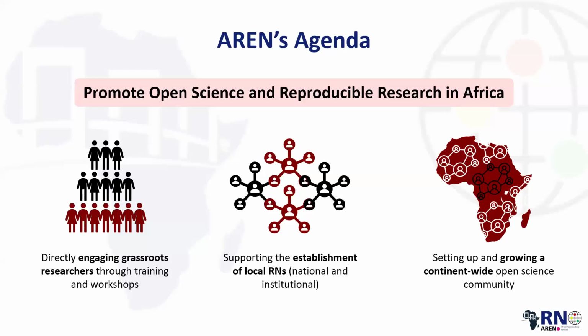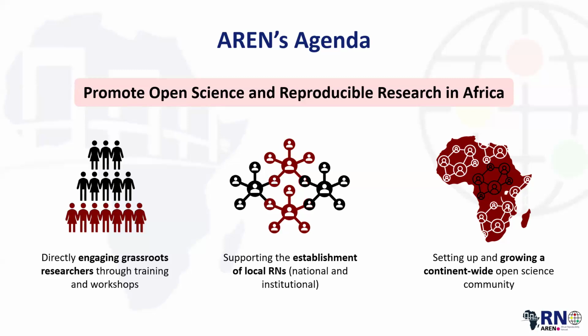First of all, directly engaging those at the grassroots, the researchers at the grassroots, because they are the ones who are facing the most difficulties currently to conduct their work and also obtain information easily and free of charge.